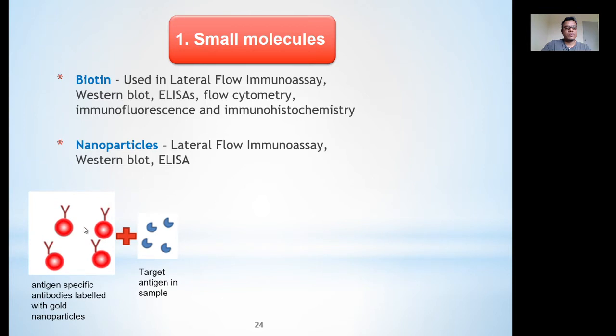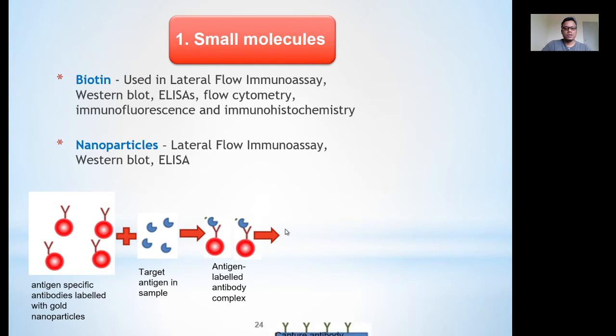Then we mix this antiserum labeled with nanoparticles with the patient sample. If the patient sample contains the target antigen that we are looking for, of course the antigen will bind with the labeled antibody complex. This complex will be passed through a line of capture antibody, and this capture antibody is also specific to the target antigen.